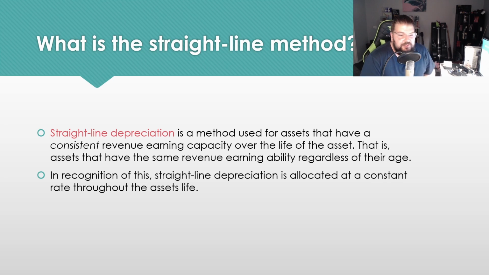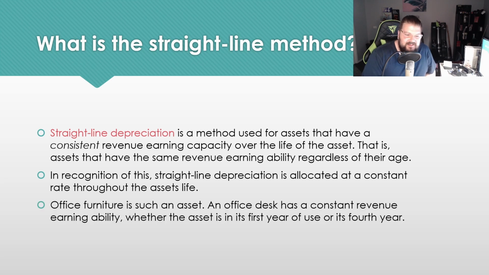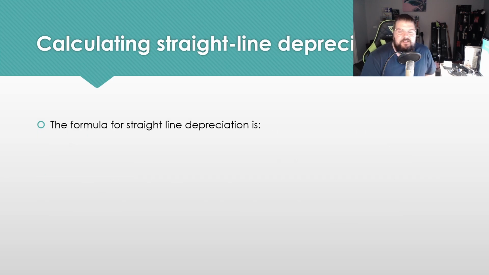So in recognition of this, straight line depreciation allocates that cost of the asset consistently at a constant rate over the life of the asset. As I said, office furniture is a really good example of an asset that is used up consistently. Straight line depreciation can be used for any asset, but as I said, we try to apply it only to assets that have that consistent revenue earning potential.